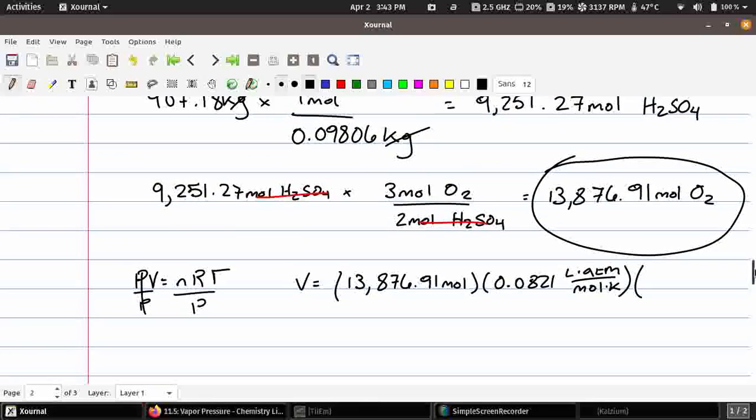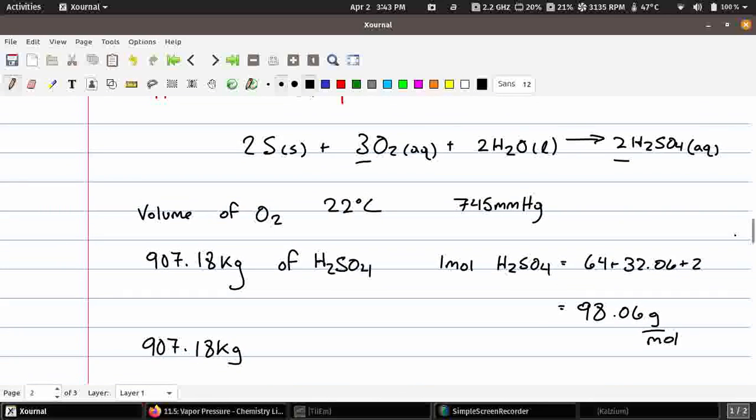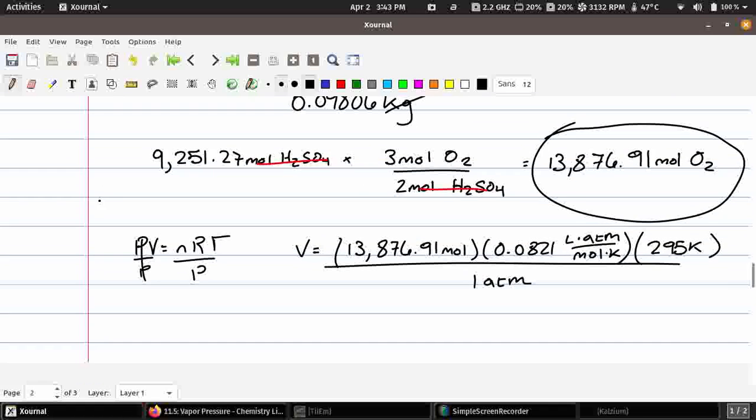I never converted that, my bad. So just so you know, you just add 273 to it. So I'll put that right here. 22 degrees Celsius plus 273, 295 kelvins.